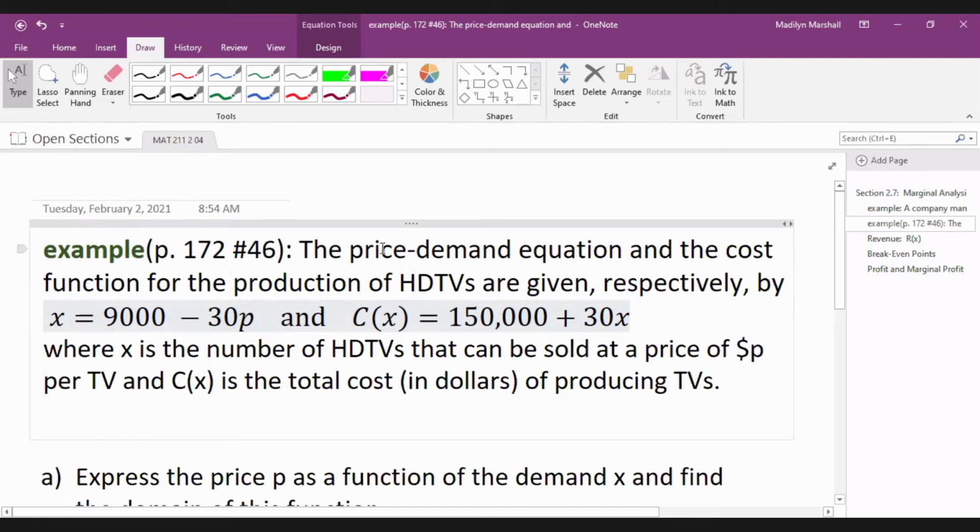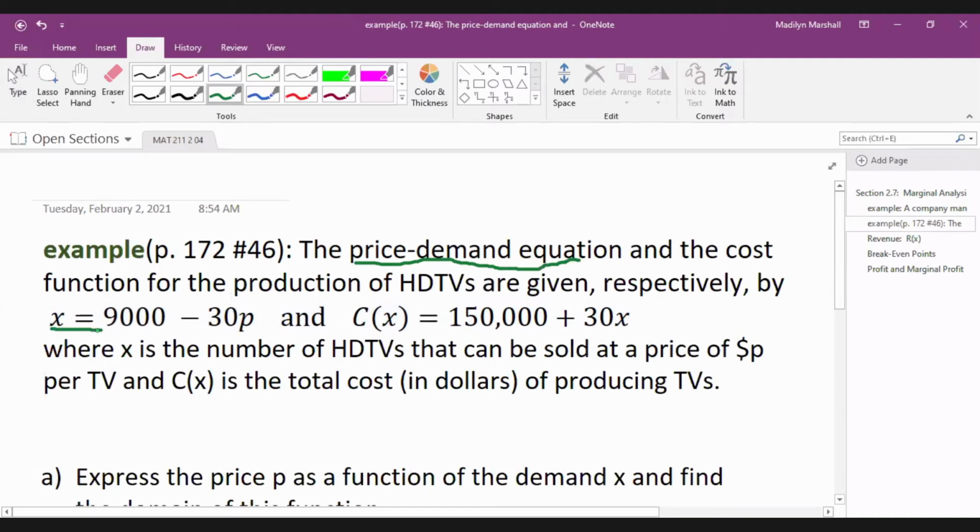So our price demand equation tells us that if we are charging P dollars for a TV, we will be able to sell X of those TVs. And we also have the cost function, and that is the same kind of cost function that we saw in the previous example.